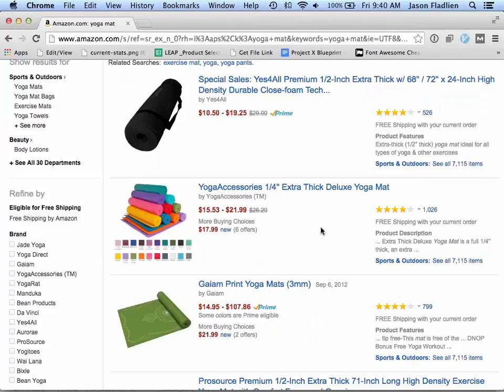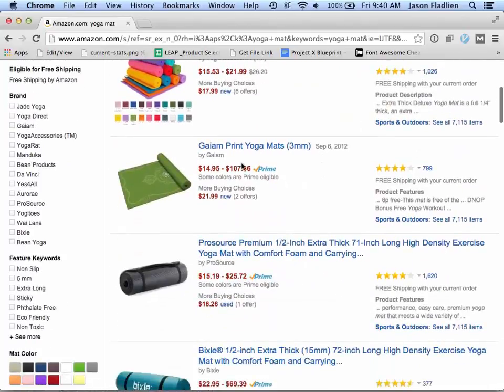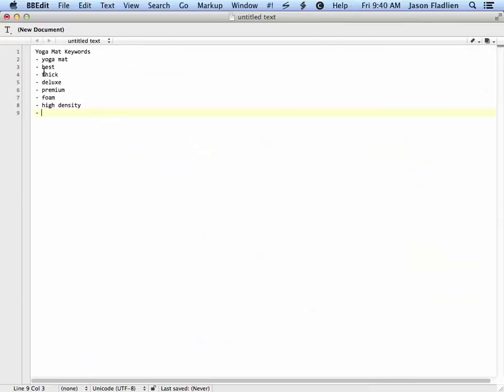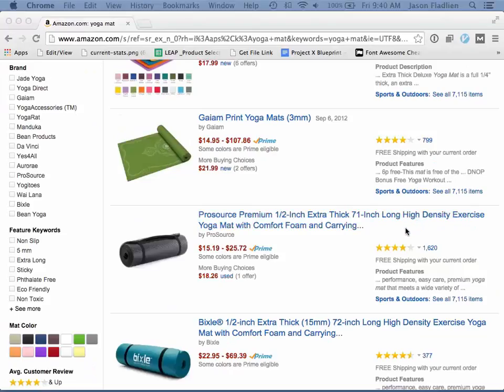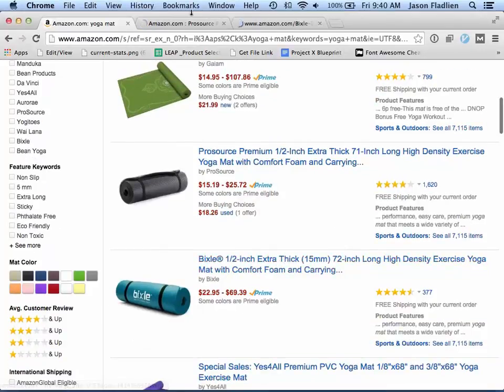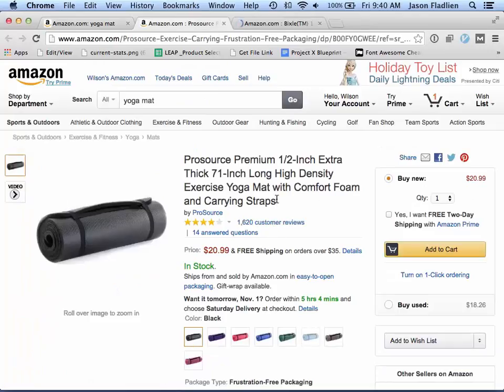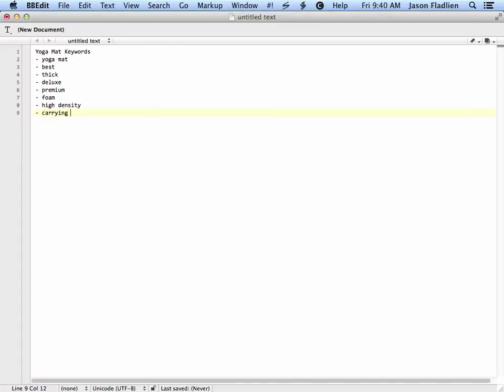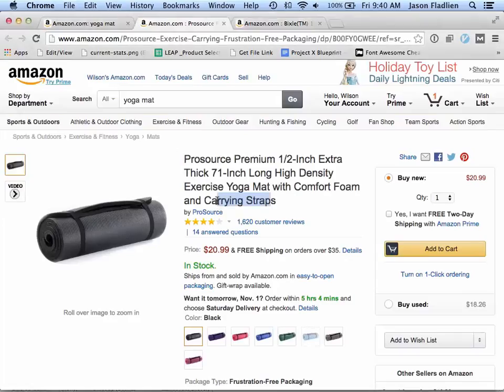Let's continue on. So let's look at some more here. I think we already have the word premium. Yes, we do. And let's open it up. A lot of these have the word carrying and carrying case. So if that was applicable, or carrying straps, if that was applicable, then I would put that down there as a keyword.